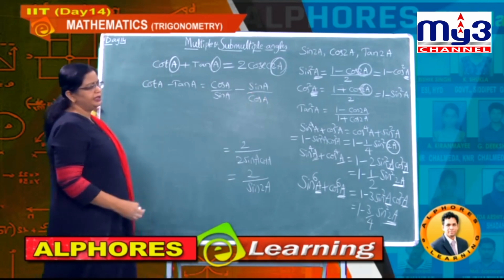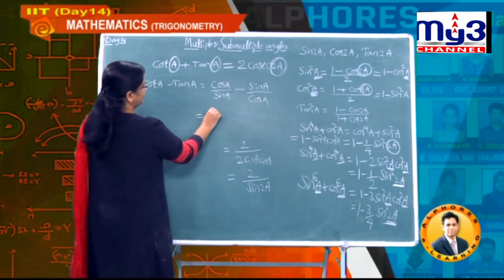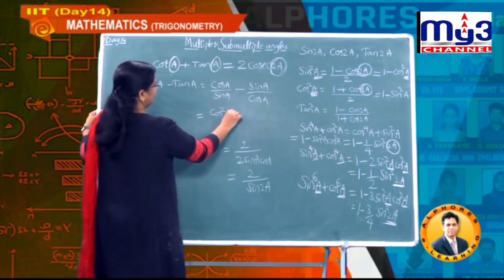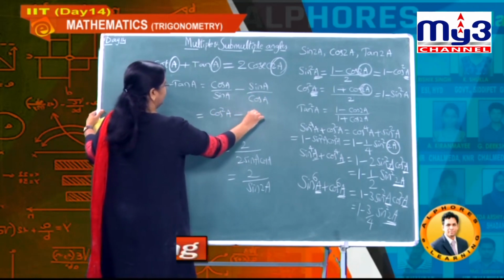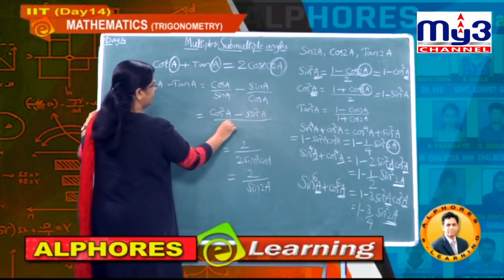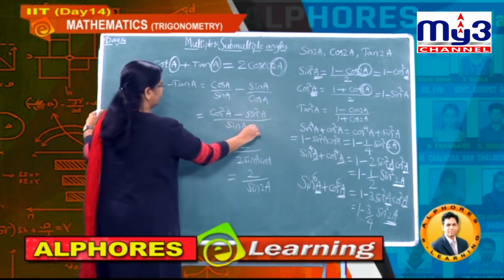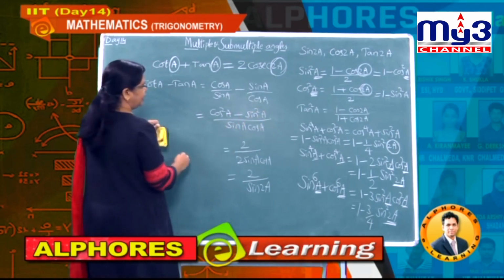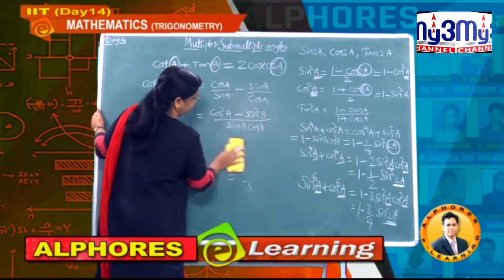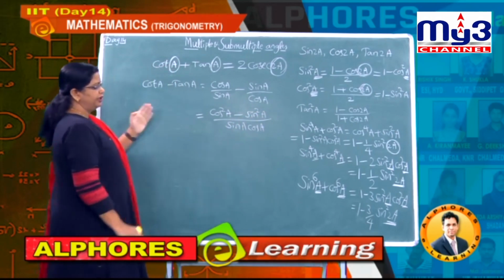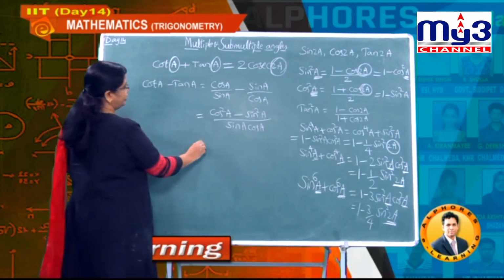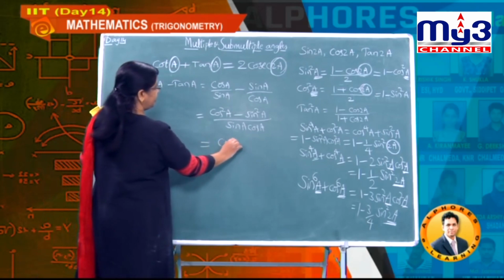Now let us take LCM, that is cos square A minus sin square A divided by sin A cos A. Now what is in the numerator? You have cos 2A. We deduce the formula, the numerator is nothing but cos 2A.